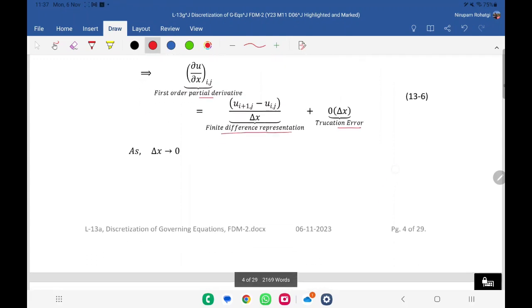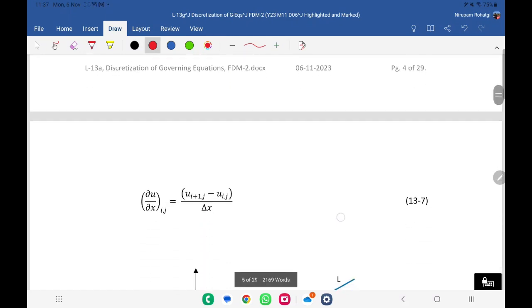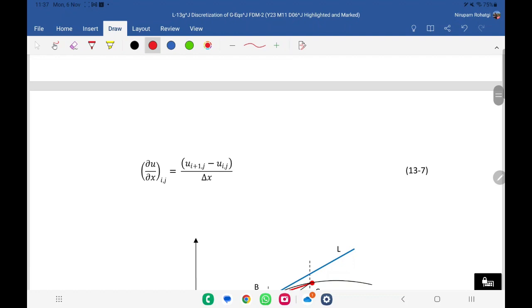Now as this delta x approaches 0, your truncation error goes to 0. So now your del u by del x is written in terms of difference in the value of the variable, no derivative on the right side.